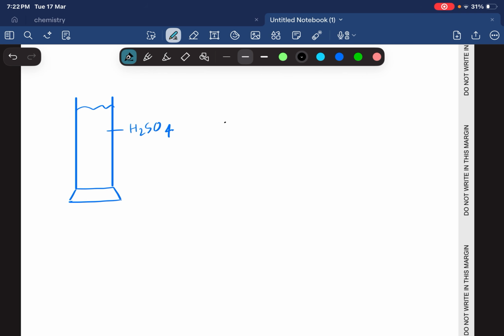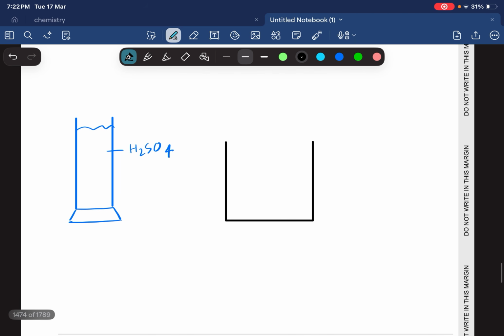And then I'm going to pour the sulfuric acid into a beaker. I'm naming the apparatus in front of you so you are not confused. After pouring my sulfuric acid into the beaker, I'm going to add my piece of zinc into my beaker.